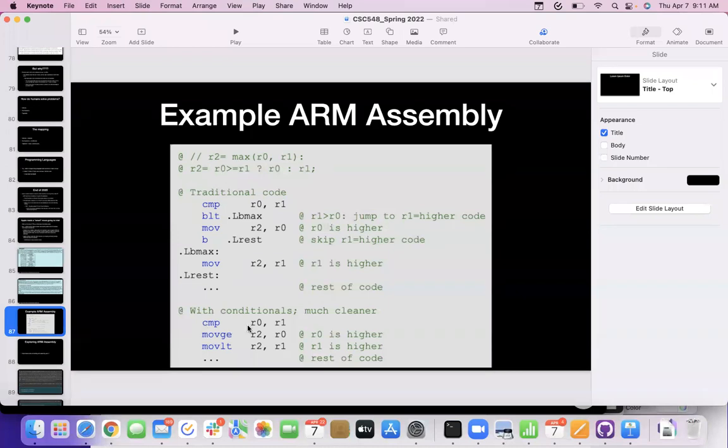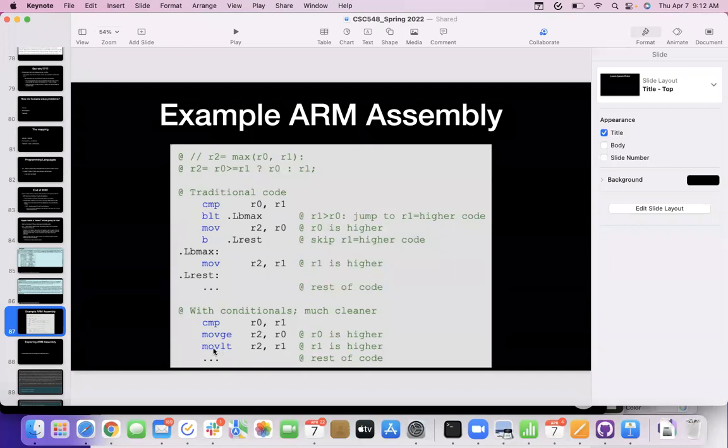So I'm going to compare R0, R1, and then I'm going to move into R2, R0, if it was greater than or equal to R1. This will only conditionally occur. We might execute this line, but nothing may occur in that line, because if R0 was not greater than or equal to R1, we would just not put anything into R2.